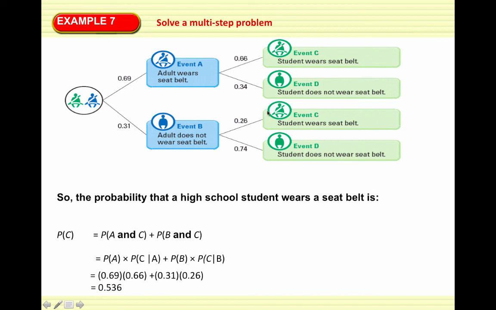So 0.31 times 0.26. And when we multiply and add, we get 0.536.